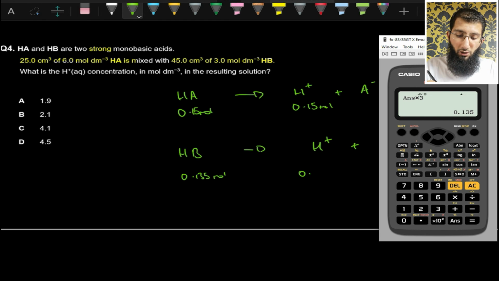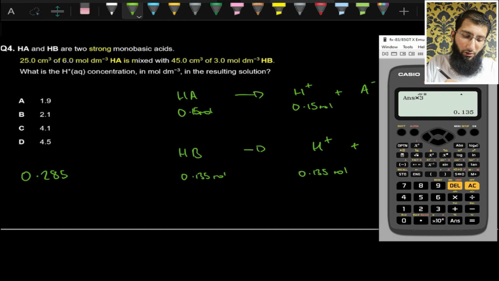And in the same way, because all the HB also fully dissociates, we've got 0.135 moles of H plus from the dissociation of that acid. So what is the H plus ion concentration? Well, let's sum the two moles together. So we've got 0.285 moles of H plus in total.